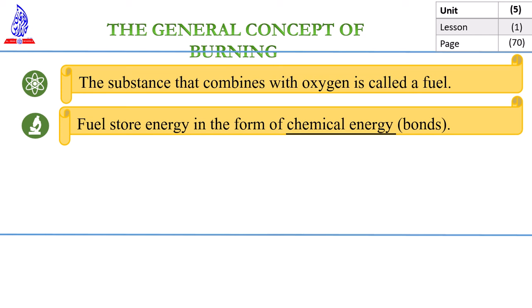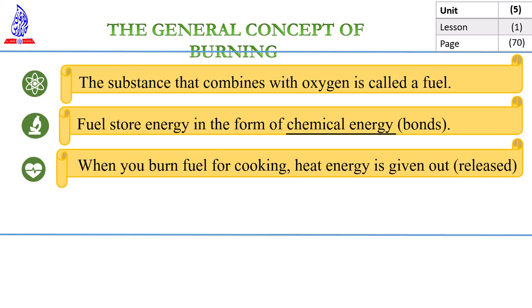So there are two types of processes in a chemical reaction: bonds formed and bonds broken. When bonds are broken, energy is provided, and when they are formed, energy can also be produced. When you burn a fuel, heat energy is given out, released.